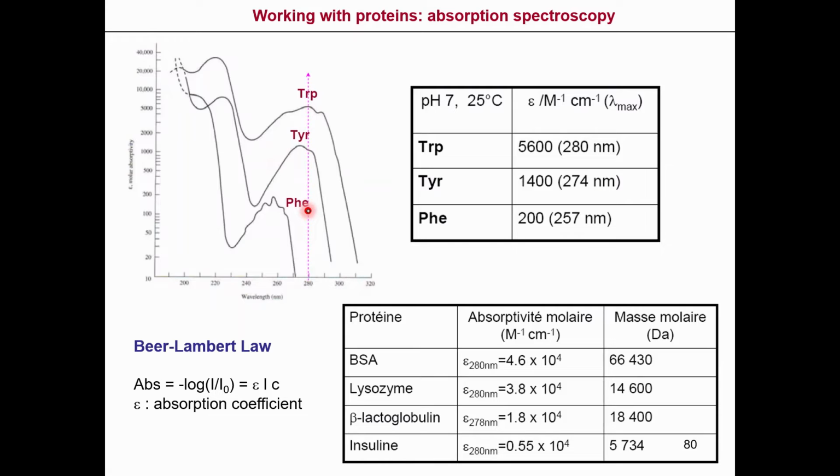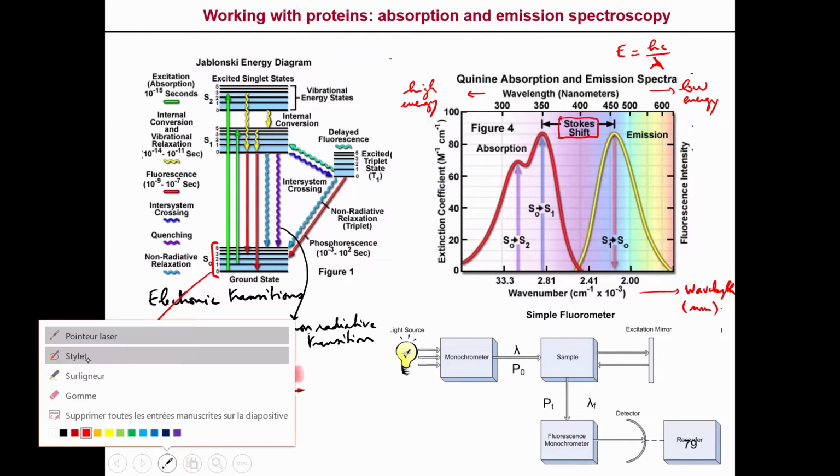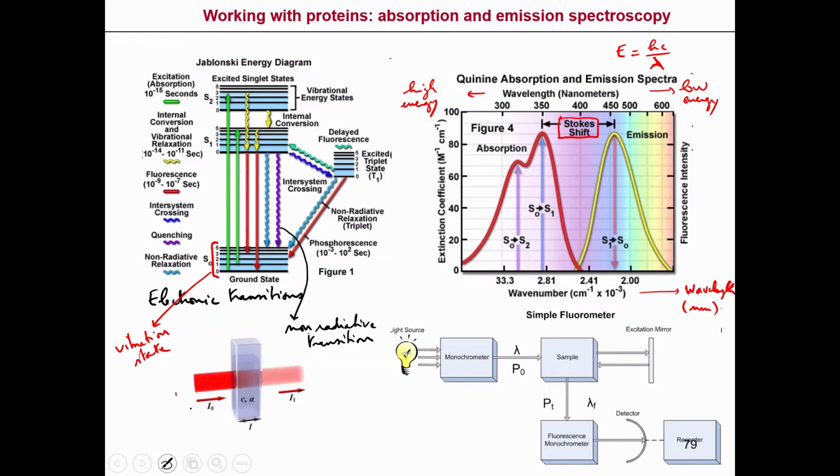You know the Beer-Lambert law. You have the intensity of incident light, I0, and the transmitted light.